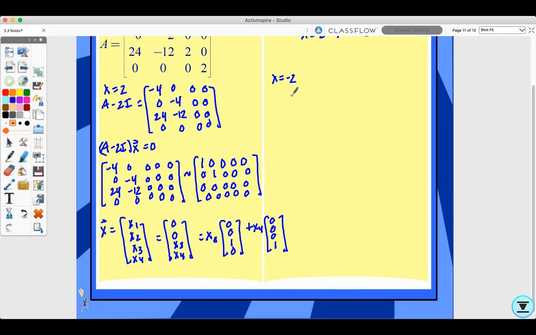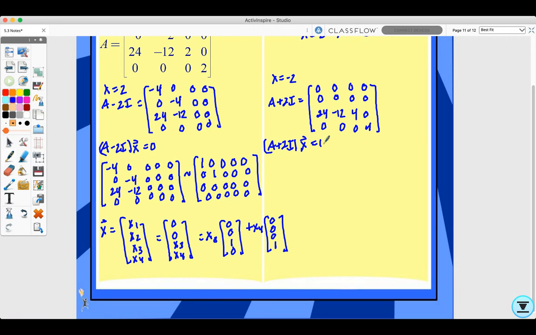So for lambda equals negative 2, we need to find A plus 2I, and that would be 0, 0, 24, 0, 0, 0, negative 12, 0, 0, 0, 4, 0, and 0, 0, 0, 4. So now I need to find A plus 2I times x equals 0.